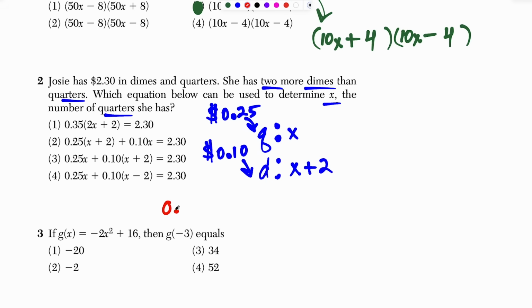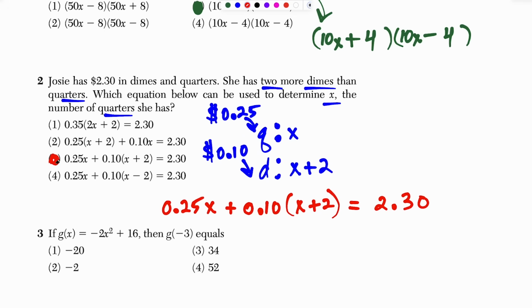So I'm going to say 0.25 times x, and this will tell us how much money Josie has in quarters. And then plus how much money Josie has in dimes would be 0.10 multiplied by the number of dimes she has, which is x plus 2. And all of her money totals up to $2.30. Okay, so now we just look through the answer choices here, and we're going to see that this is going to match up with choice 3.